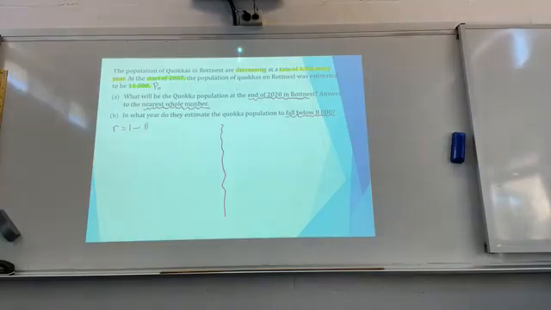So R is 0.987. Technically, you now have to write down the recurrence relation. P n plus 1 equals 0.987 P n, P naught equals 11000.